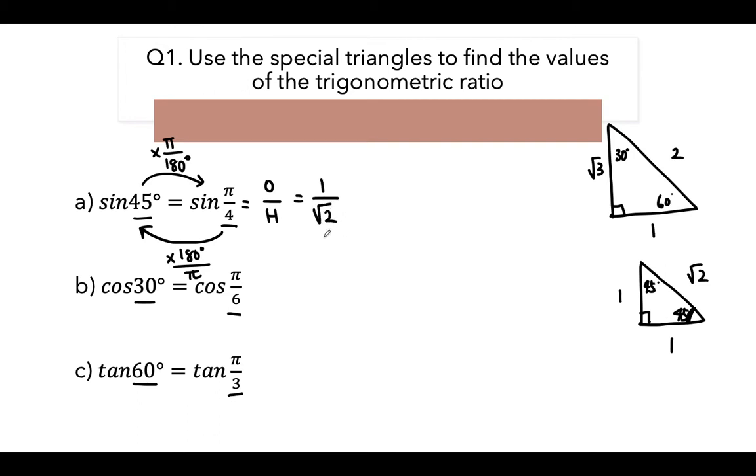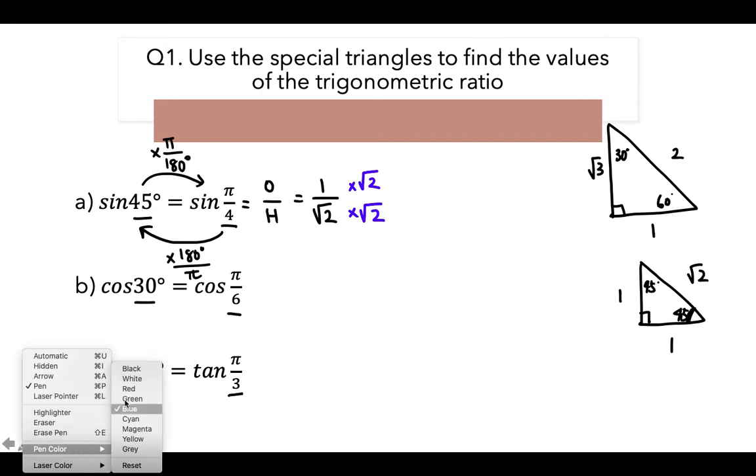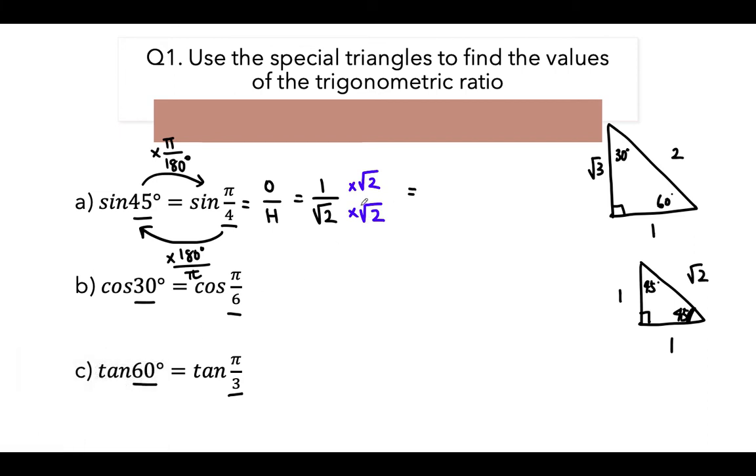But we don't like a radical in the denominator, so you're going to rationalize it by multiplying by square root 2. The reason is because we don't want to have a radical in the denominator. So therefore, square root 2 times square root 2 becomes 2, and it becomes square root 2 over 2. So that will be your final answer when you are evaluating sine pi over 4.